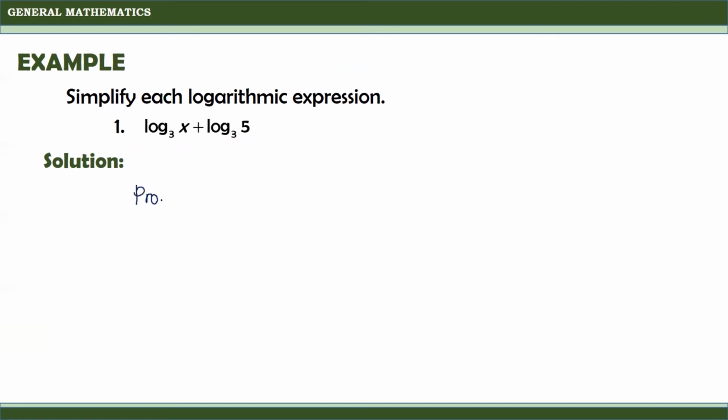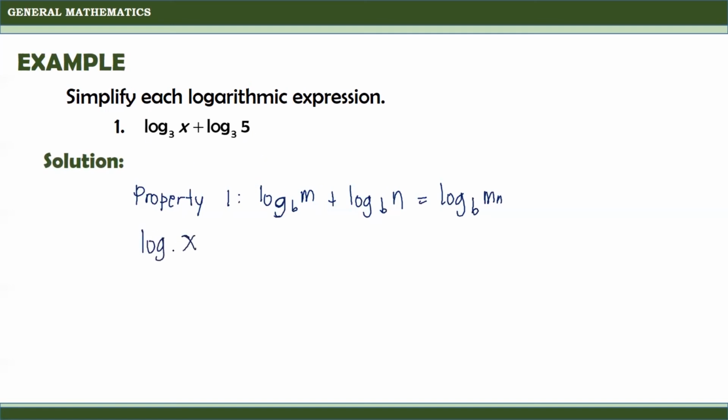Using the first property of logarithm, which states that the logarithm of m to the base b plus the logarithm of n to the base b is equal to the logarithm of mn to the base b, this expression will be equal to the logarithm of 5x to the base 3.